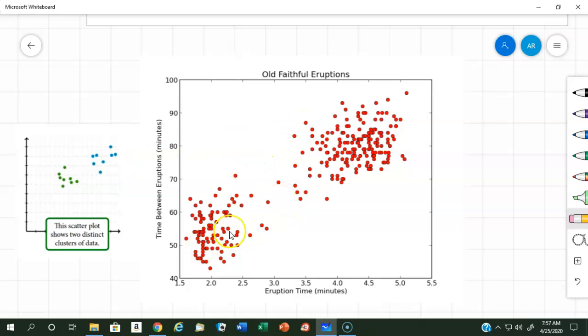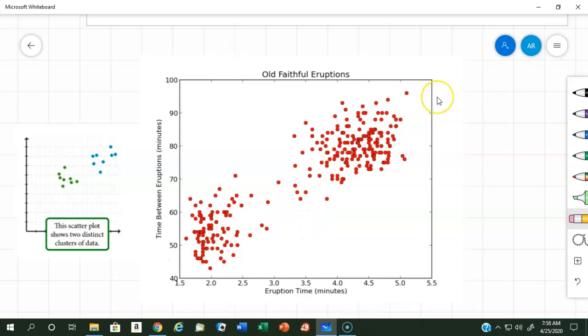And while you have data all along here, and you can definitely see a linear trend line if you wanted to, there's definitely a clustering down here at the lower eruption times and the time between eruptions, and another cluster here where the eruption times are longer, but you also have a longer time between eruptions. For whatever reason, there isn't a lot here in the middle range.